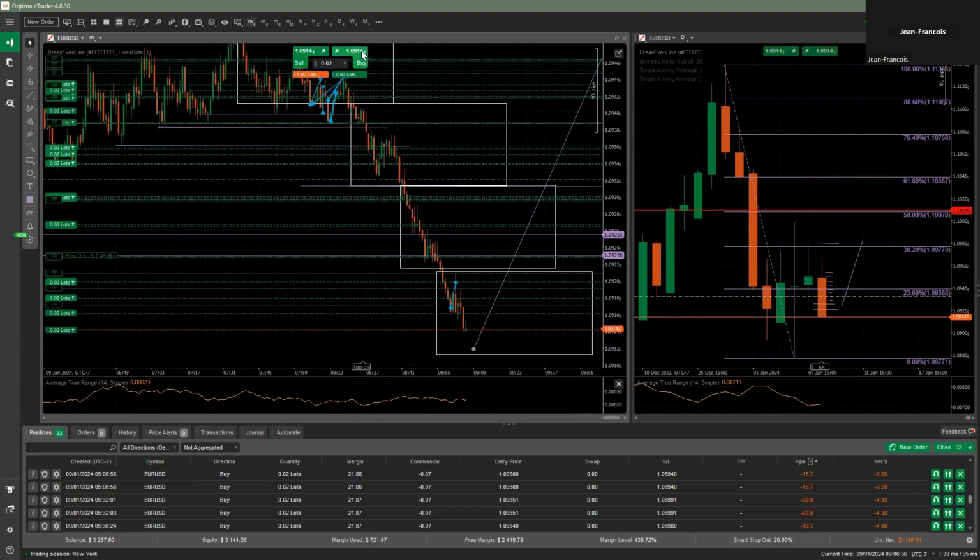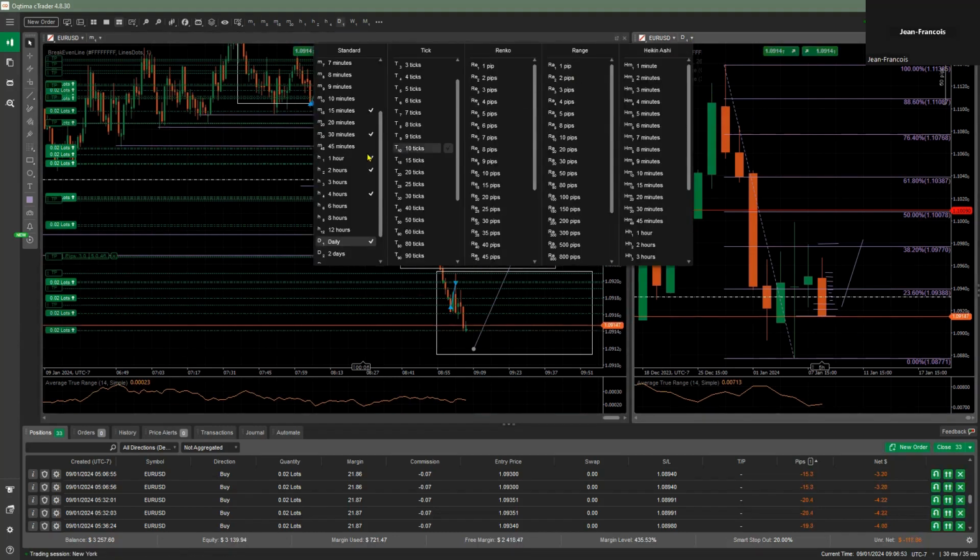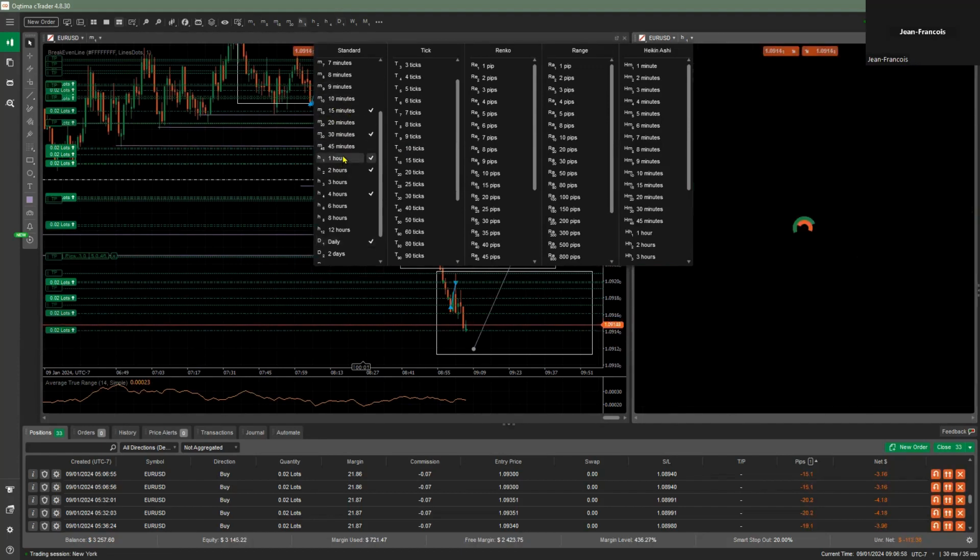It's probability assessment. It's a probability driven type of process. Let's just see what happens over the next hours or so.